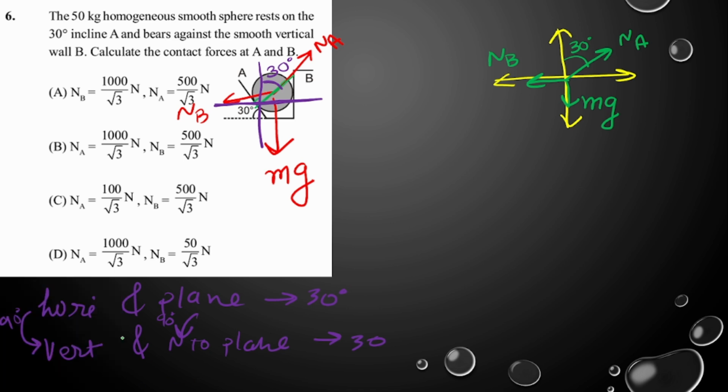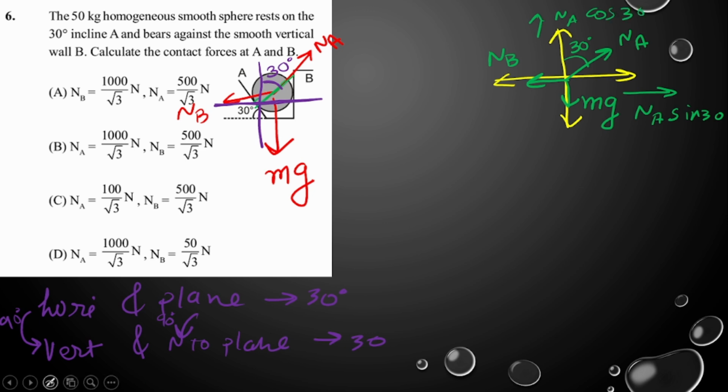Taking the components, we will get this as NA sine 30, and we will get this as NA cos 30.